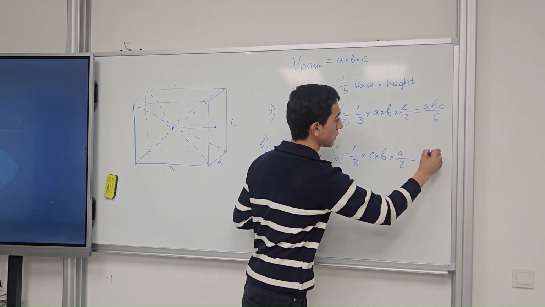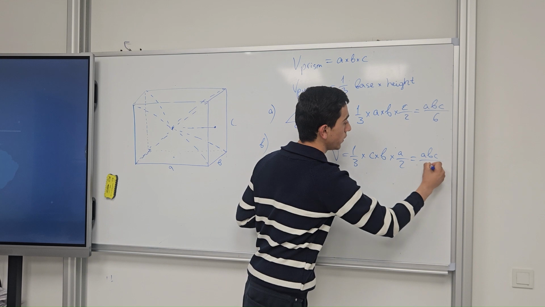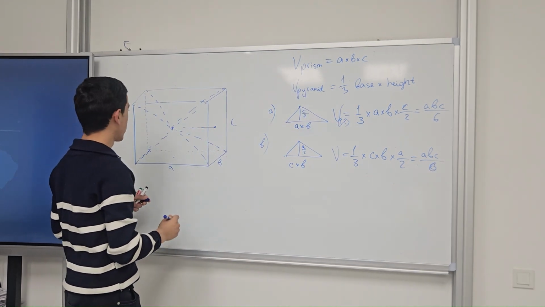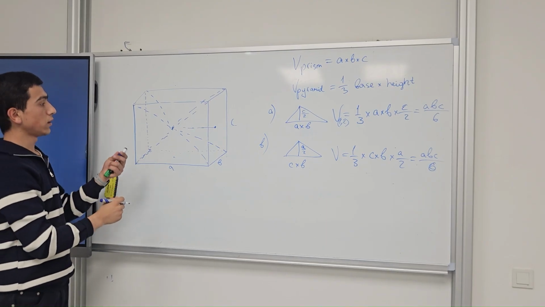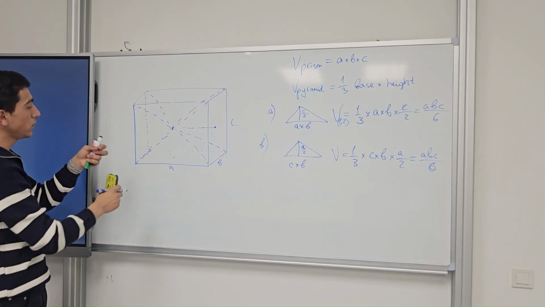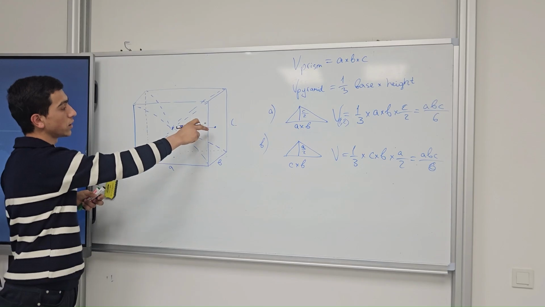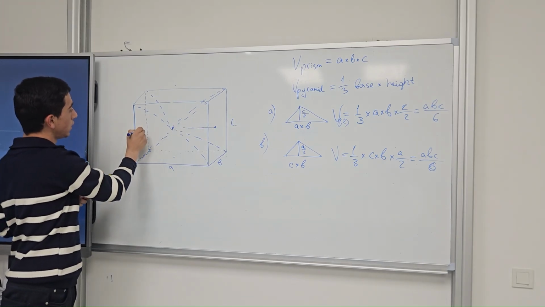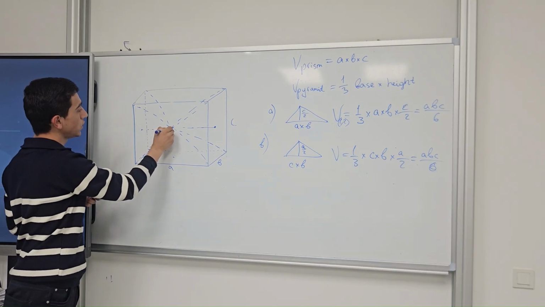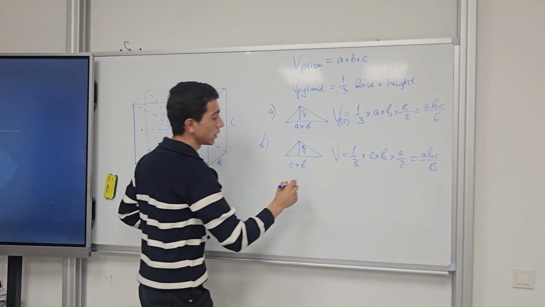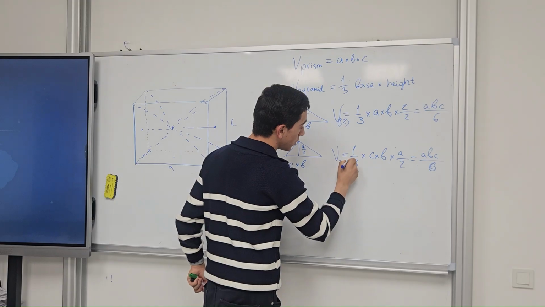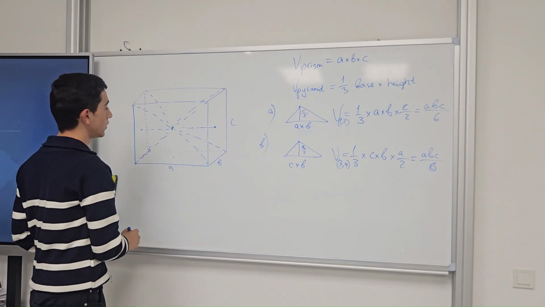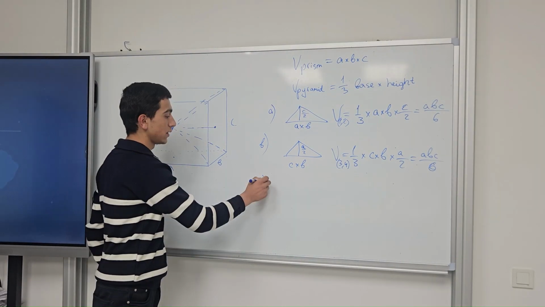The overall is also ABC over 6. We should do the same thing with this one. We can mirror this base to the opposite side and take the same pyramid, so that we have two of this kind of pyramids.